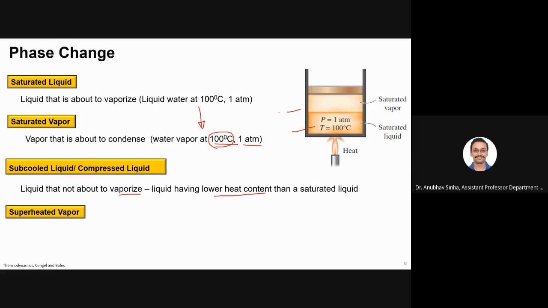So that vapor I will call superheated vapor, because it has been heated far beyond the boiling point. So this vapor is not about to condense. Vapor at a higher heat content than saturated vapor. If you want to condense this vapor, first you have to bring it back to 100 degrees Celsius and then it will condense.